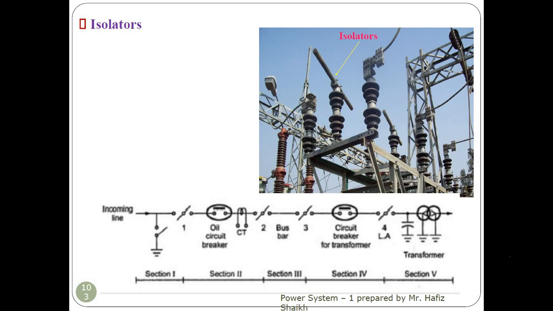You can see the image, it's an isolator, which isolates the main line from the auxiliary line or the other line. Isolator is one of the most important equipment in power system. It rotates like this, horizontally.